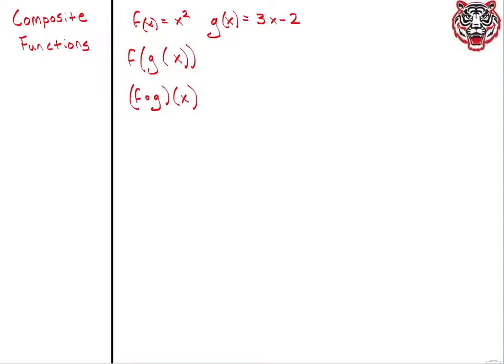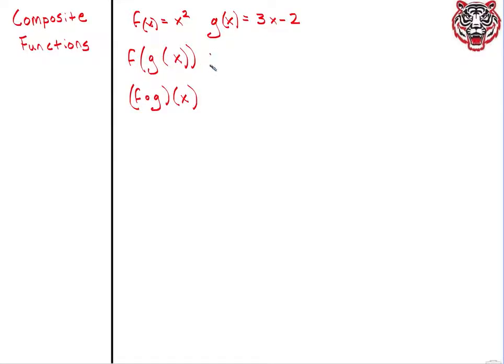So when you see a little circle that is not filled in, it doesn't mean multiply, it means of: f of g. And you're dealing with a composite function. And you always start with the rightmost function, or the innermost function, depending on which form you're dealing with. So in this one, the innermost function, you take g of x and plug it into the outer function.